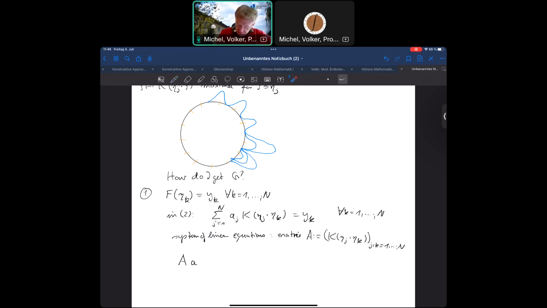The lowercase a consists of these coefficients, and correspondingly, I will have a vector y consisting of the y sub k. So that's actually the system of linear equations that you have. For every k, you get an equation, and you get it by moving through the kth row of this matrix, so the kth row.